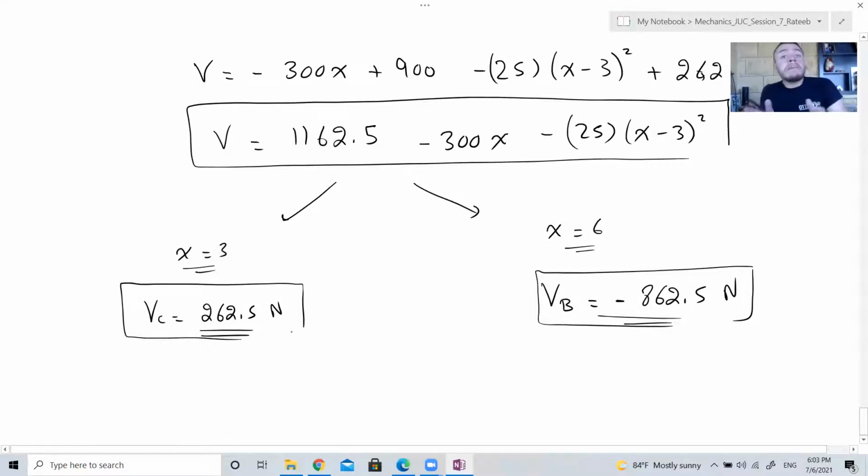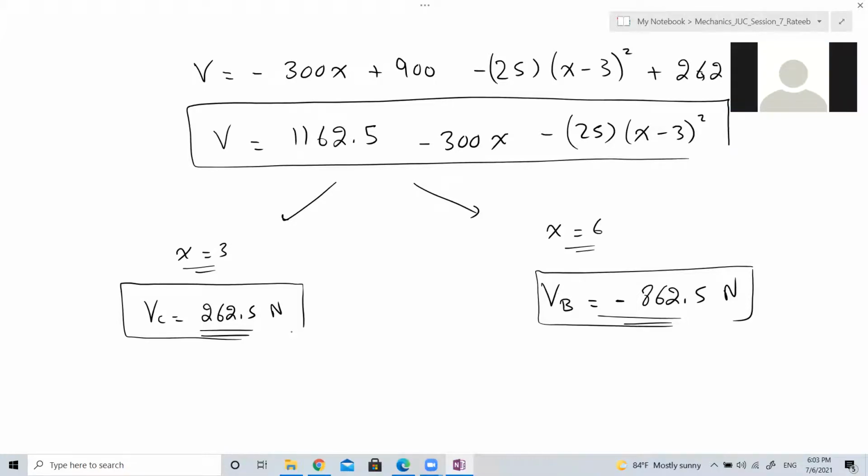Since one of them is positive and the other is negative, do you think that there will be a point where the shear is 0? Yes. Because one of them is positive and one is negative, there will be a point where the shear is 0. Why does it matter to find this point? Who reminds me? When I have 0 shear, what do I have?